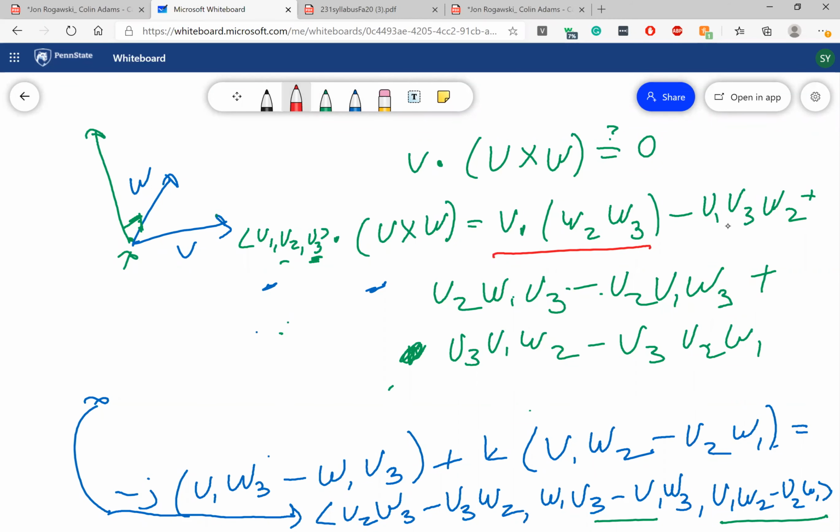Let me check the indices, one second. v1, v2.